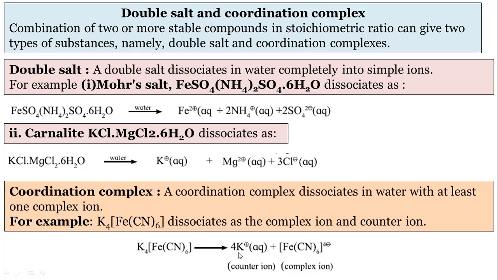So the complex will be ionized like this: the counter ion 4K+ aqueous, and the square bracket remains as it is. We cannot separate it and we cannot form ions from it. So this is the difference between double salt and coordination compound. Remember, the complex ion remains as it is because it is very tightly bonded, and only the counter ions are ionizable.